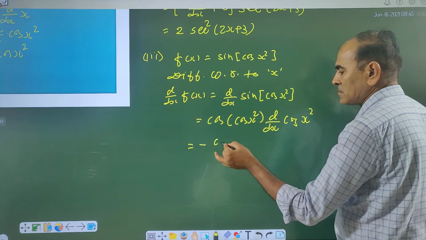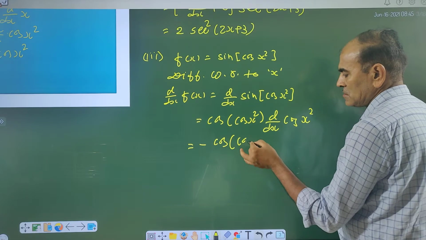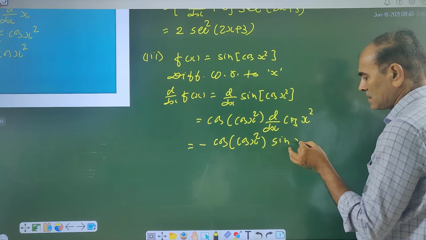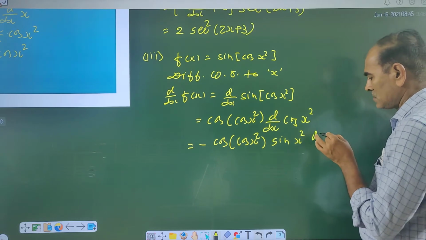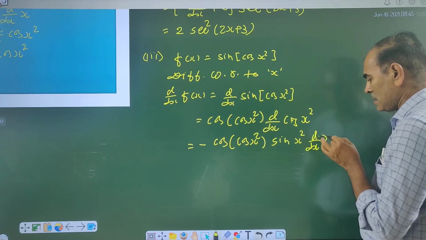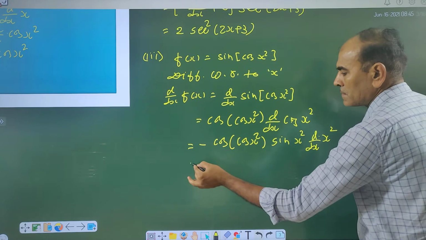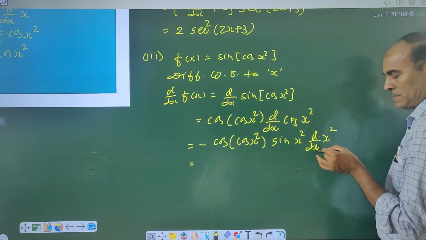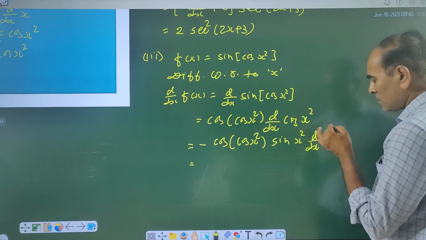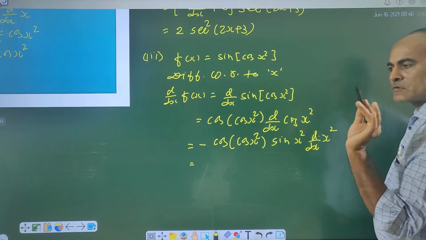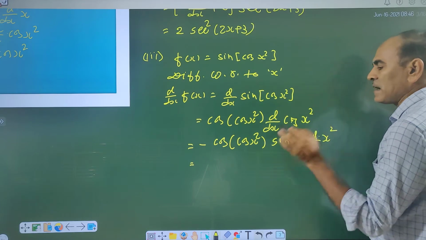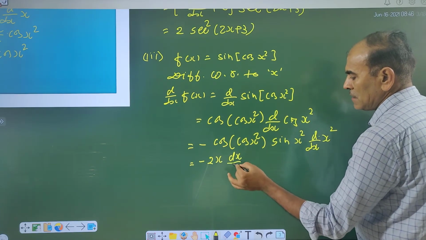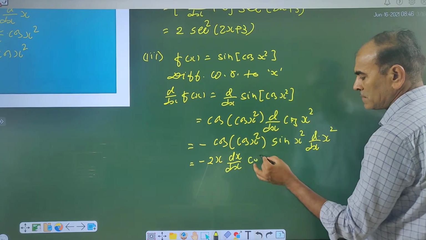So, cos of some function, and the derivative of cos is minus sine, so write minus sine first. This step as it is. Cos of some function, sin of some function, d by dx of some function. Whenever both variables are the same here, you can apply that standard form also. d by dx of some function squared is 2 times some function into d by dx of some function.